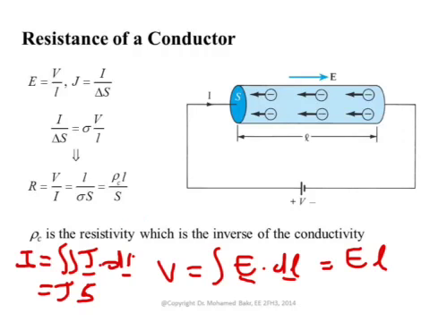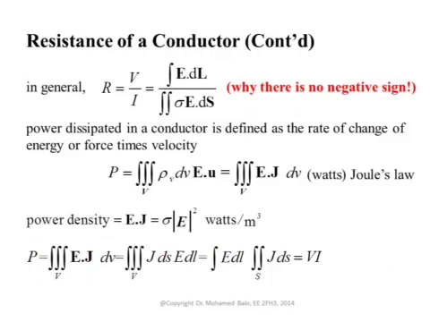So this is a very typical analysis where electromagnetics, under certain assumptions, gives you the equations we use in circuit theory. In general, for any conductor, you can calculate the resistance, and I will be showing some examples on that, through the ratio between V, the voltage between the two conductors, and I, the current flowing between the two conductors.